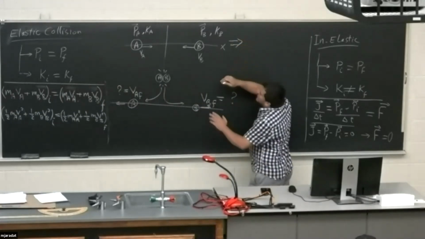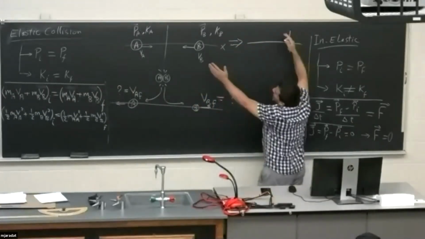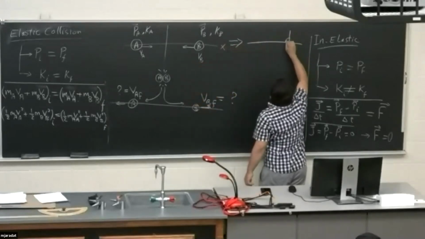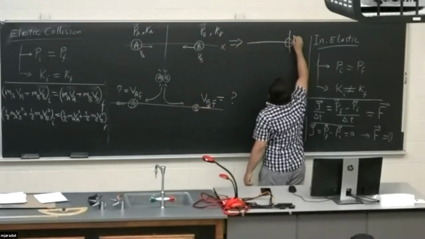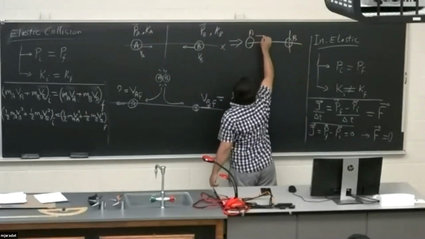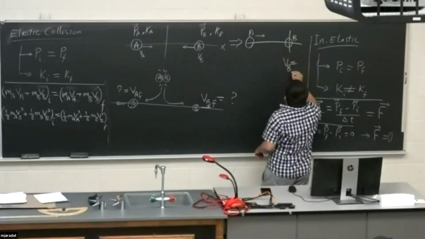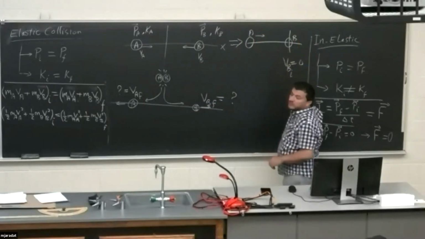We can assume the origin of our X and Y plane is centered at ball B. Just ball A is moving, and we can assume the velocity of B initially is equal to 0.